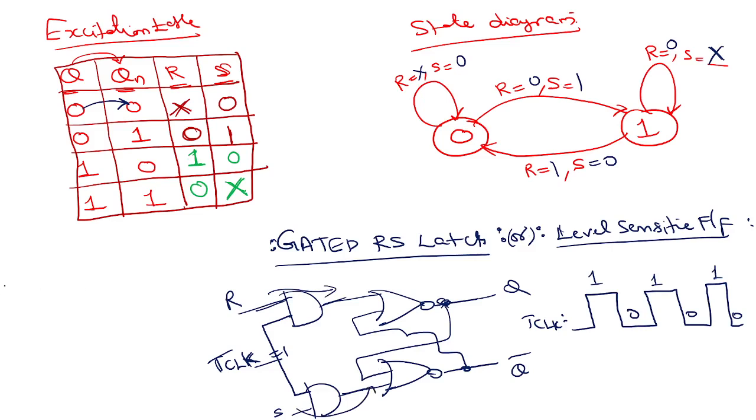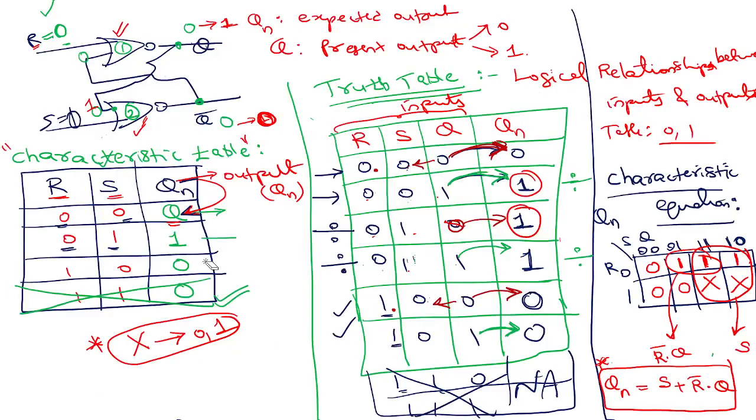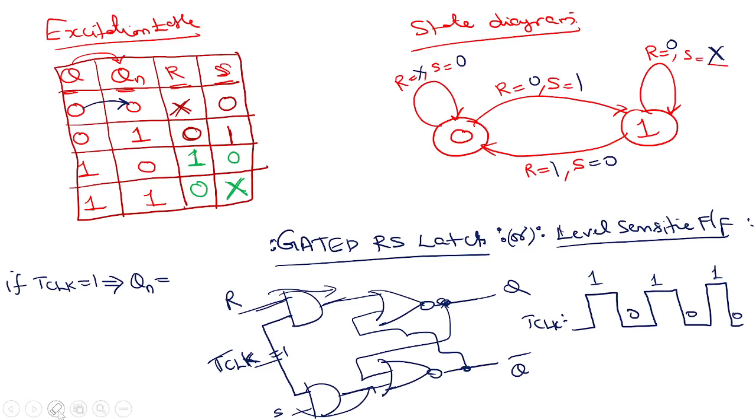If T clock equals 1, then R and S will be applied. So I can directly use the characteristic equation: Qn is S plus R bar Q. Then Qn will be decided by S plus R bar Q.